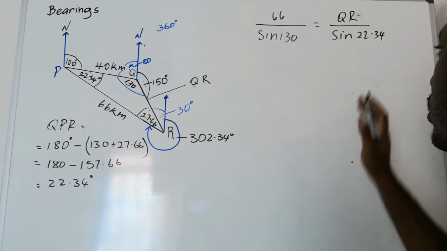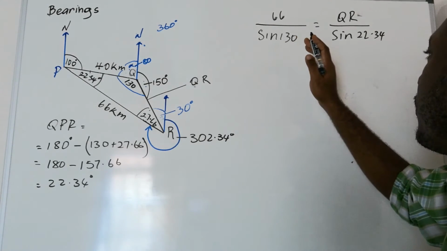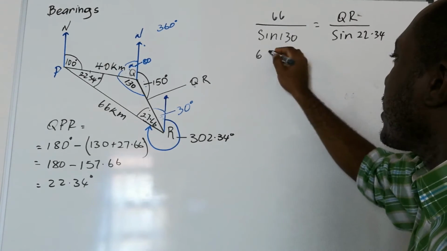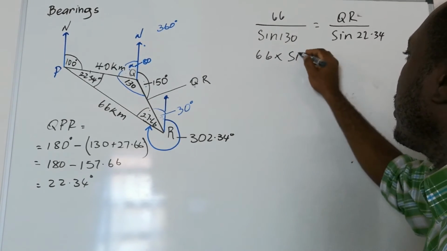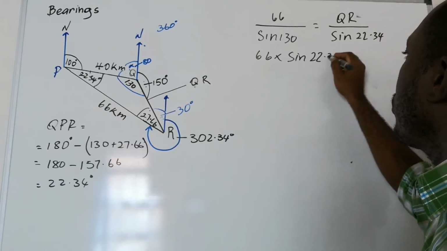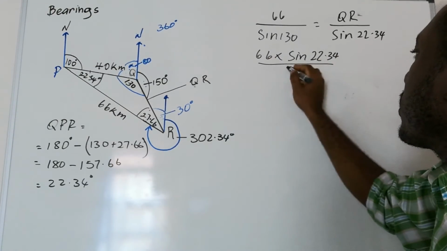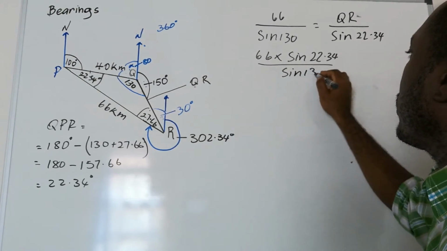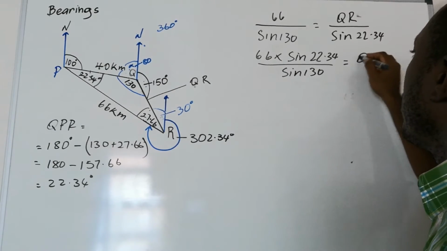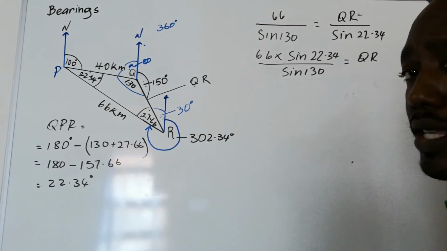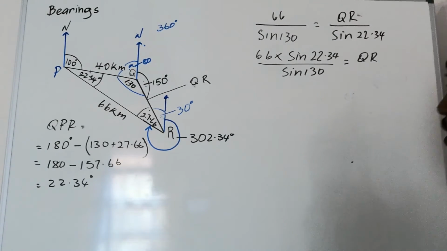So we rearrange the formula. So 66 times sine 22.34 over sine 130 is equal to QR. So in our calculators, you can pause the video and check for your answer.